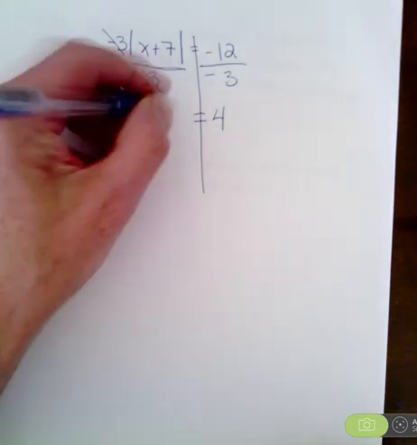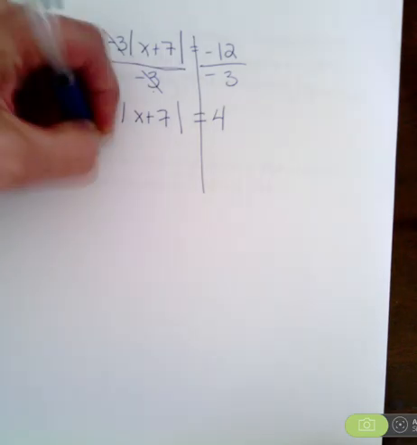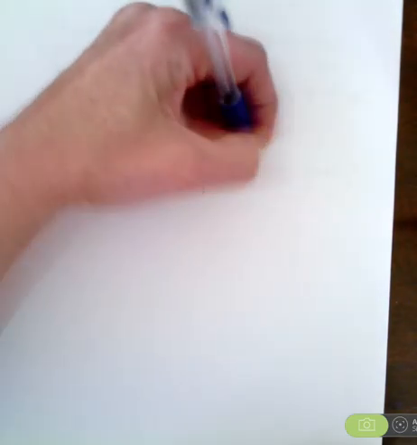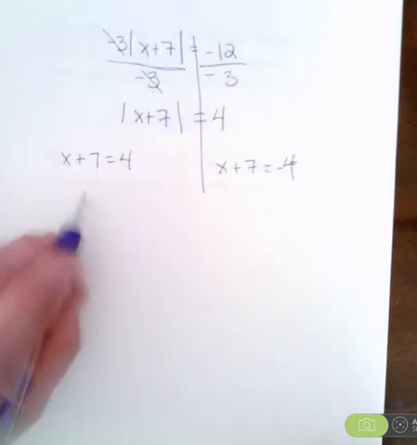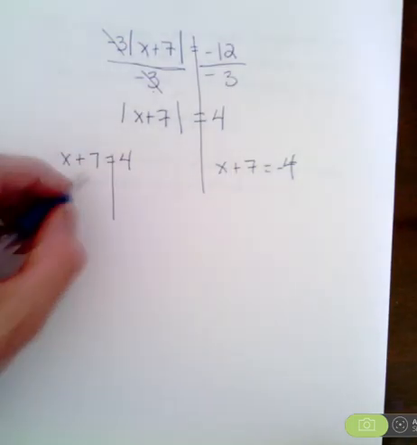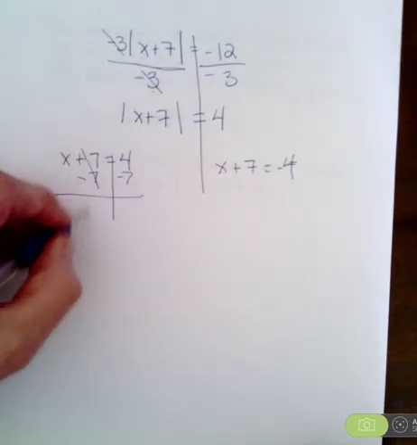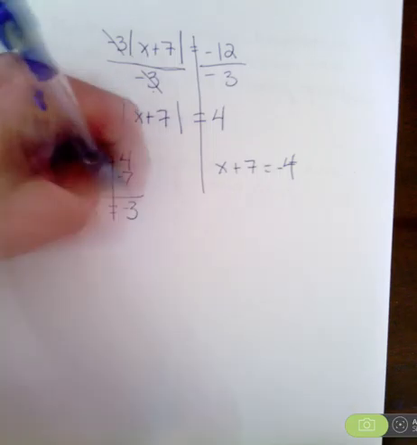I will now take this problem and rewrite it twice. x plus 7 is equal to 4, and then x plus 7 is equal to negative 4. And then I will solve for each side. So minus 7, so x is equal to negative 3.